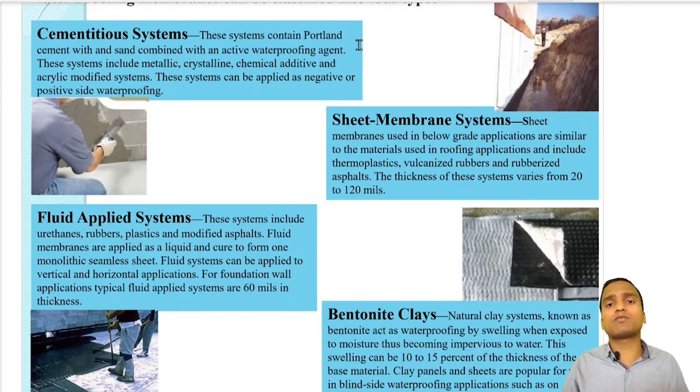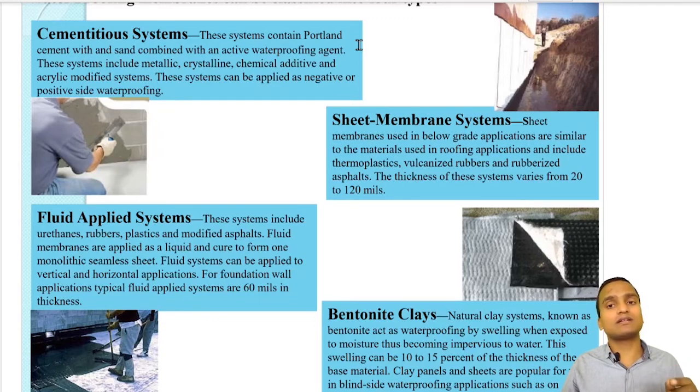So the cementitious system of waterproofing basically uses Portland cement with sand and a few waterproofing agents, and this type of waterproofing is generally done inside our homes also. Now the next type of waterproofing membrane is the sheet membrane system. Now in this case the sheet membranes are used in below grade applications, and they are similar to the materials used in roofing applications, and they include thermoplastics, vulcanized rubbers, and rubberized asphalts.